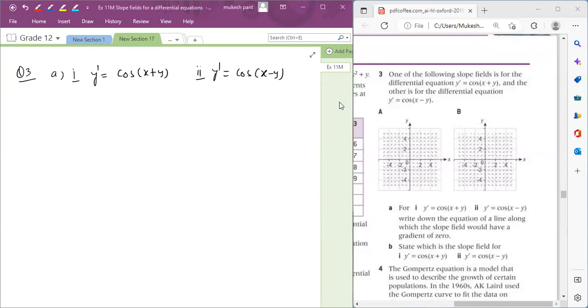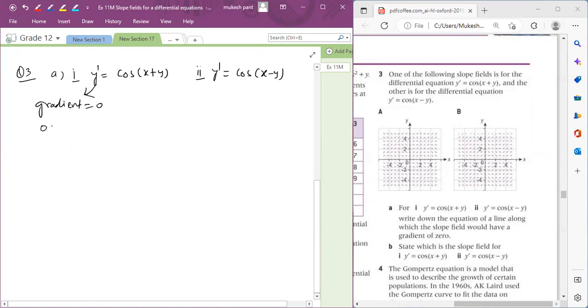In the first part, we have y dash equals cos(x plus y) and y dash equals cos(x minus y). Write down the equation of a line along which the slope field would have a gradient of 0. Y dash is the gradient, right? And the question is saying this gradient is 0. So let's look at this one.